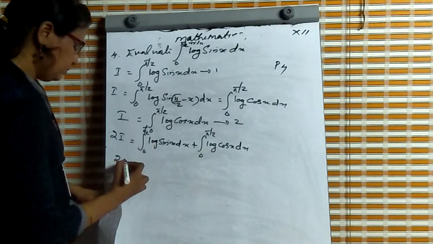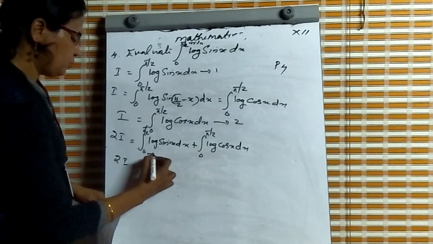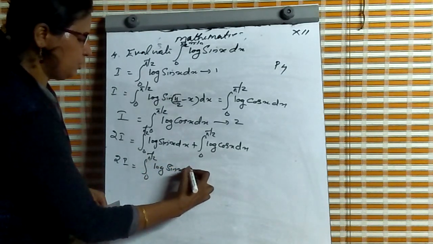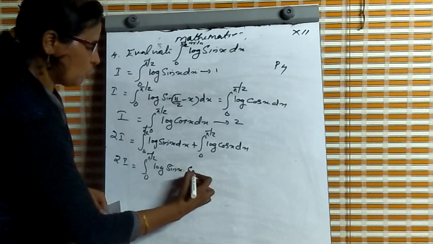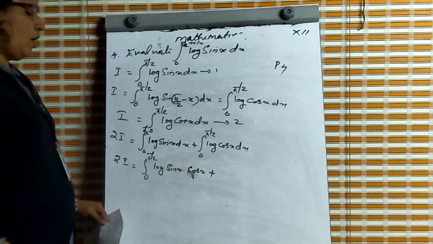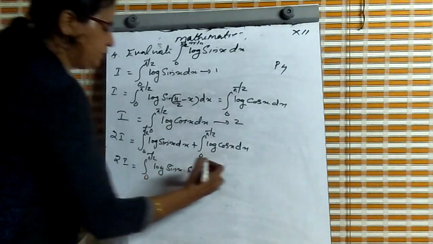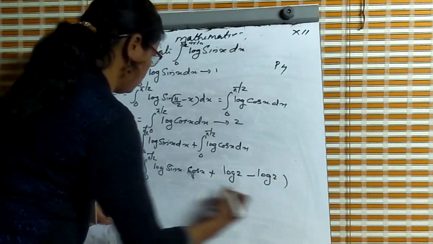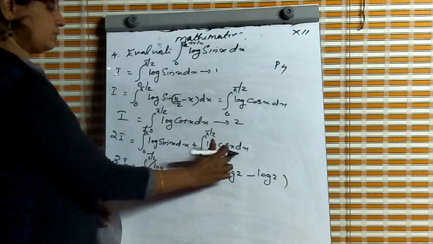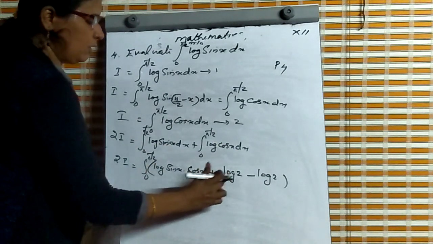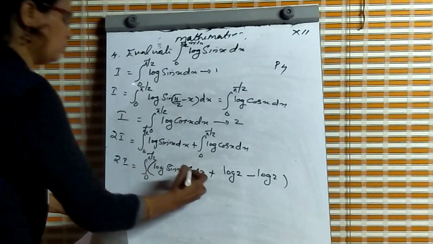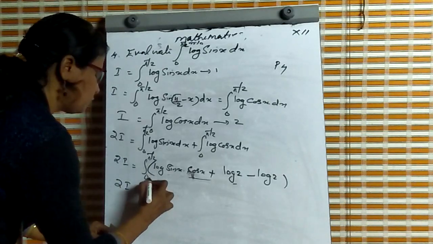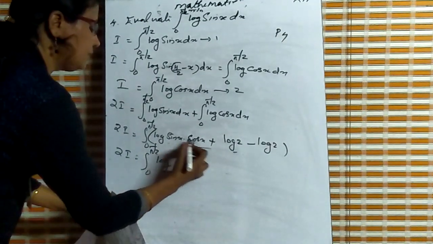Then we write together 2I is equal to the integral from 0 to pi by 2 of log(sin x into cos x), plus, now we add log 2 and subtract log 2. Here we write log(sin x into cos x). Now we add 1 log 2 and subtract 1 log 2.